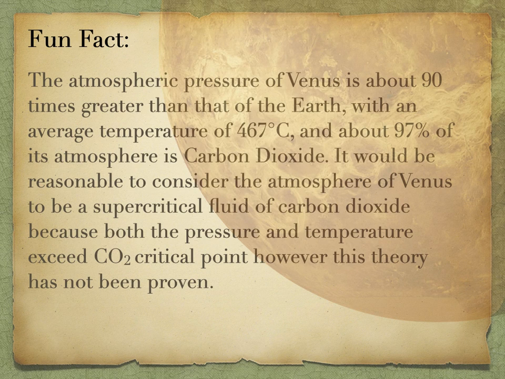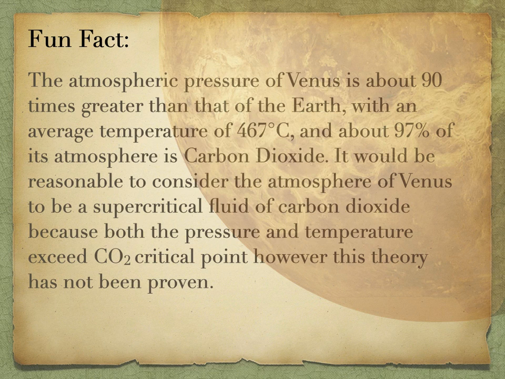And so we'll end here with this little fun fact that the planet Venus has an atmospheric pressure about 90 times greater than the Earth, so about 90 atmospheres, and an average temperature of about 467 degrees Celsius, so pretty toasty. And 97% of the atmosphere of Venus is carbon dioxide.